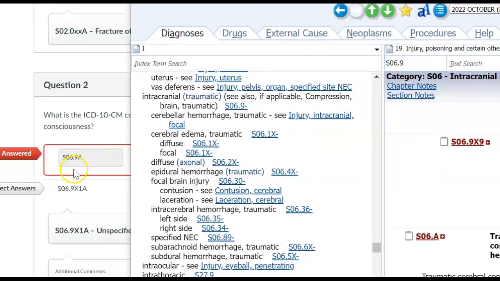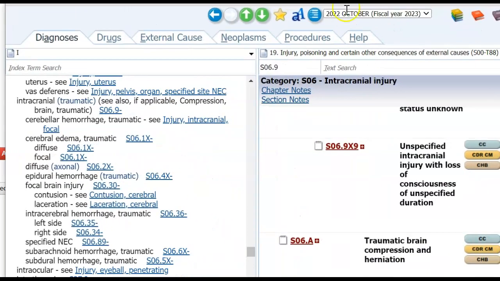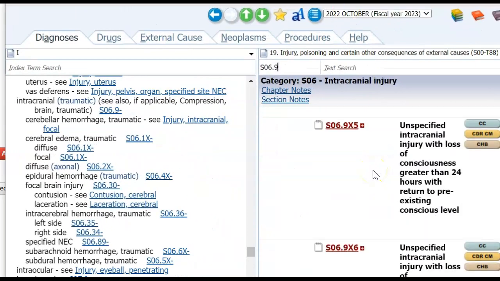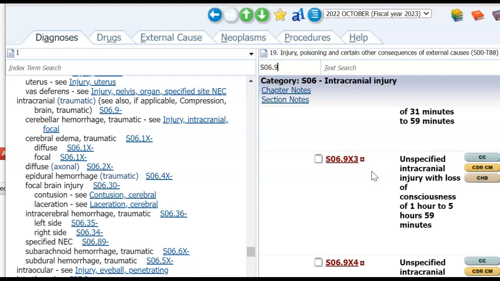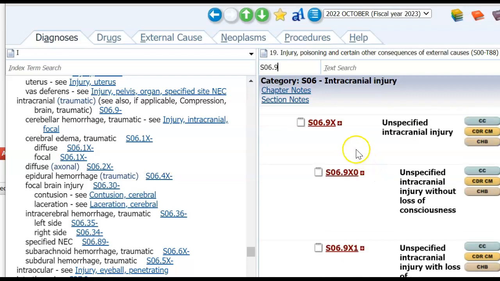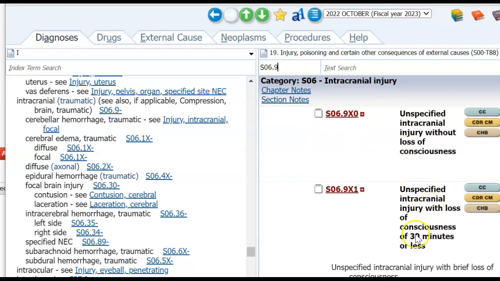One thing to keep in mind is that if you weren't looking in the tabular, this is going to throw you off. So we want to go to S06.9, and then you're going to go with X. And we know that it was an intracranial injury with loss of consciousness of 30 minutes or less.